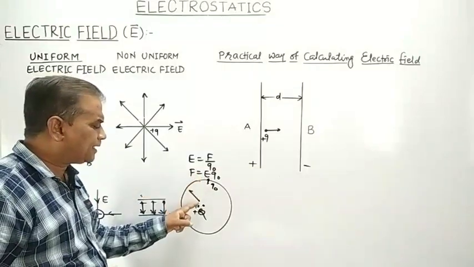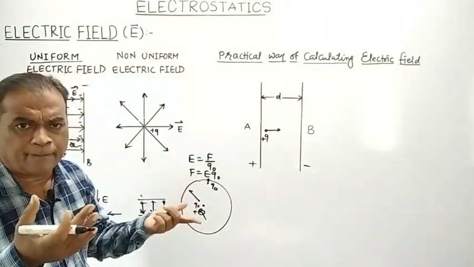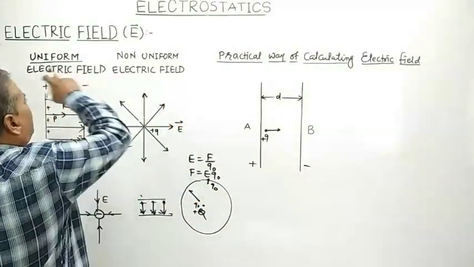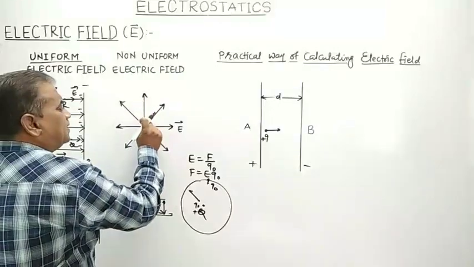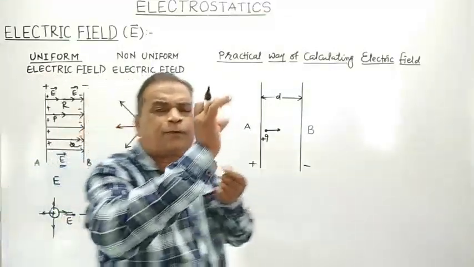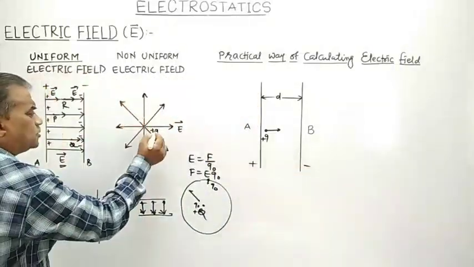It means the electric intensity near a given point charge is more, and that intensity of electric field goes on decreasing as we move away from a given charge.